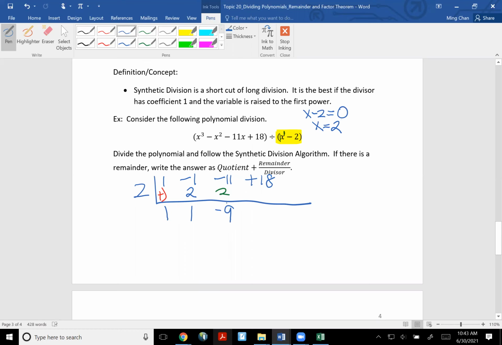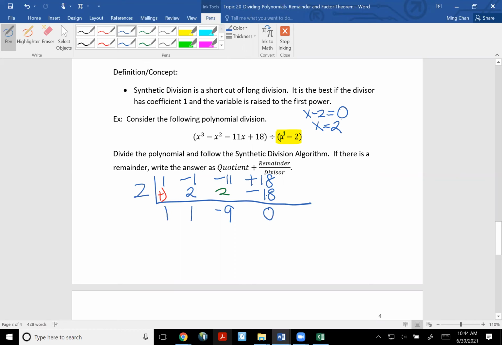Once I wrote this, I multiply again. 2 times negative 9 is negative 18, put below the last term. Since it's synthetic division, we add. 18 plus negative 18 is 0.